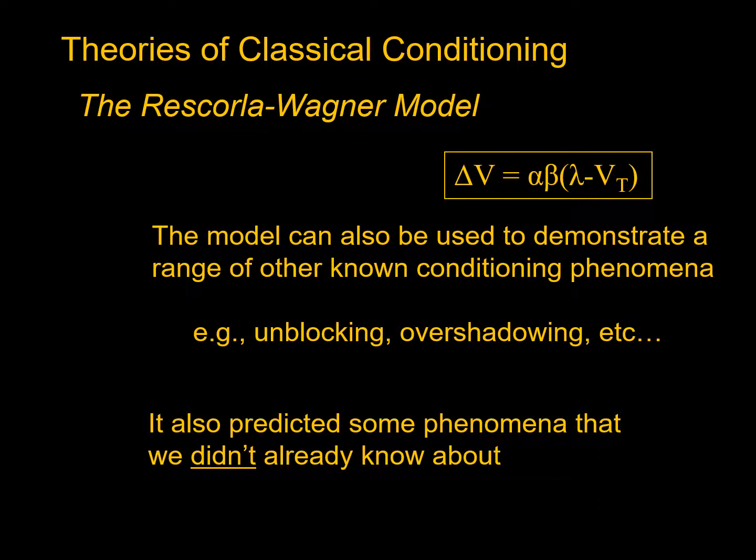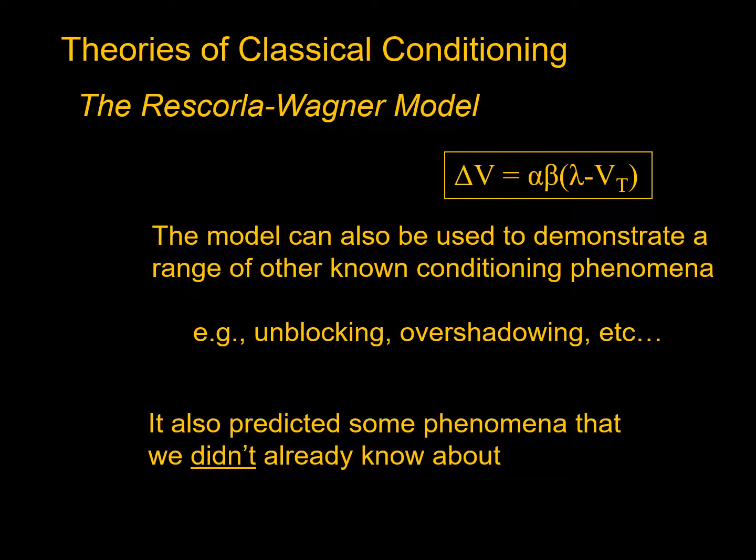No, not in unblocking. I mean, if you think back, in real world terms, how would we do unblocking? How would we make that happen? How would we have to run that little study? Decrease the intensity of what? Yes. Yeah. So basically, that's unblocking.